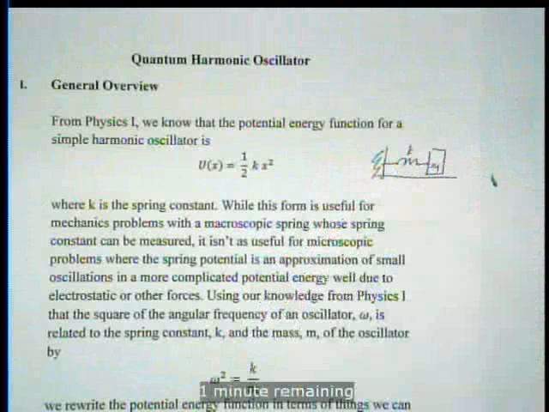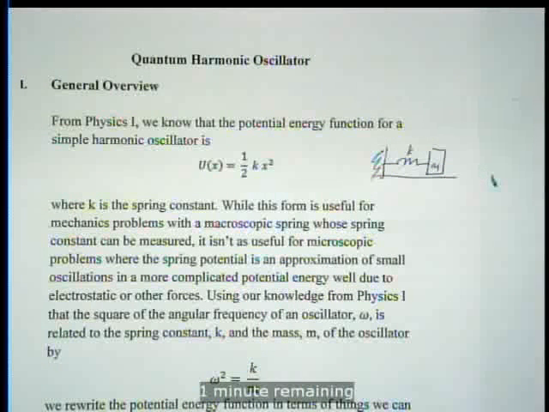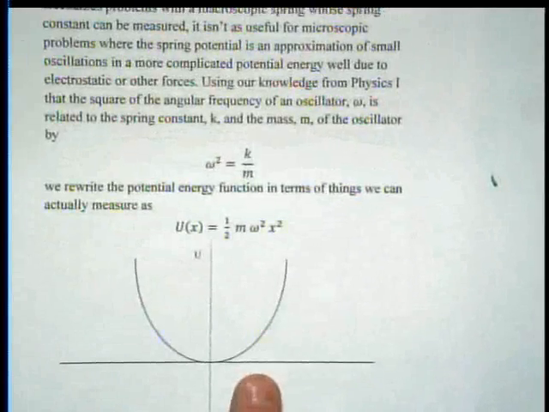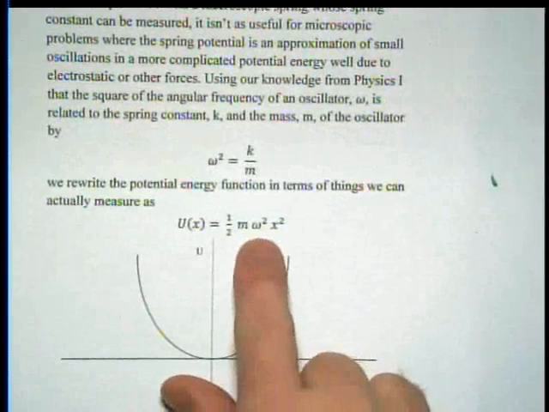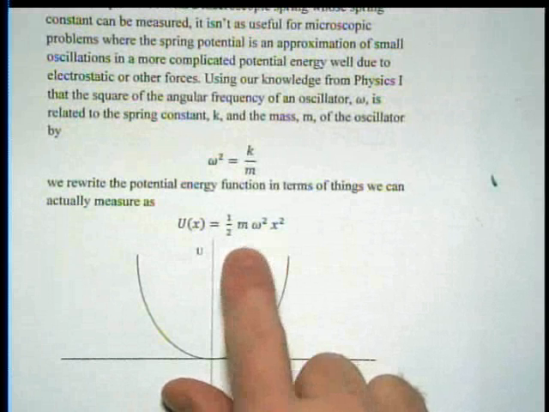How are you going to do that inside an atom? You can't get inside the atom to actually measure the spring constant. It's some collection of forces. Okay? So we try to rewrite it in terms of things we can measure: the frequency of the stuff it emits and the mass of the particle.